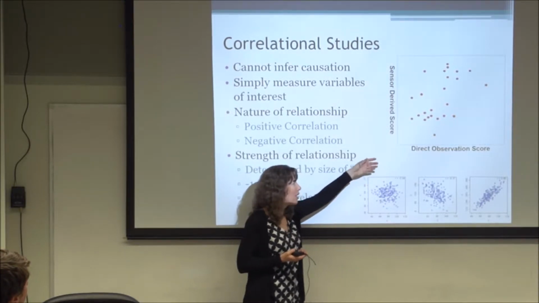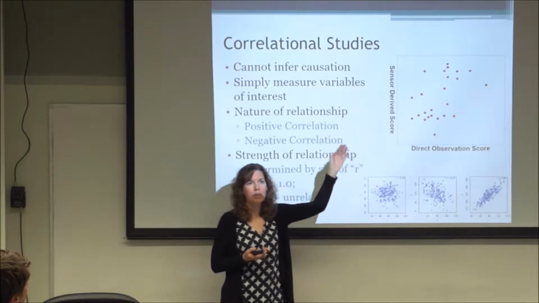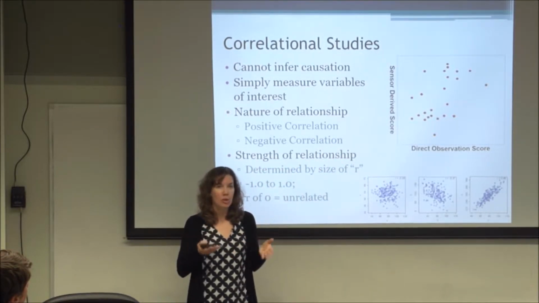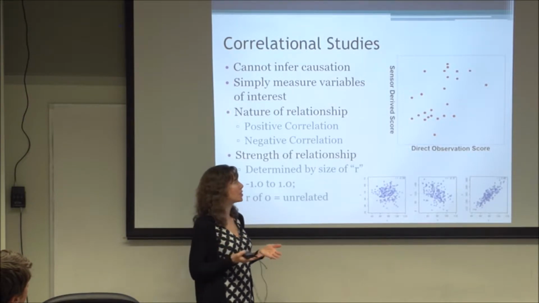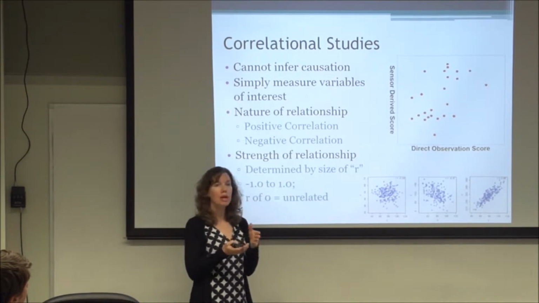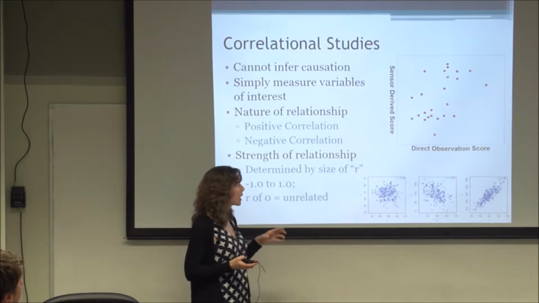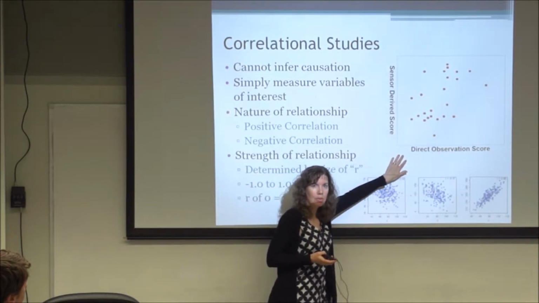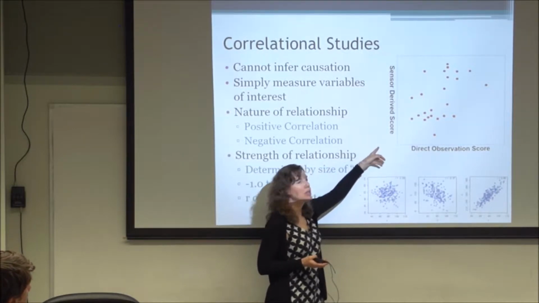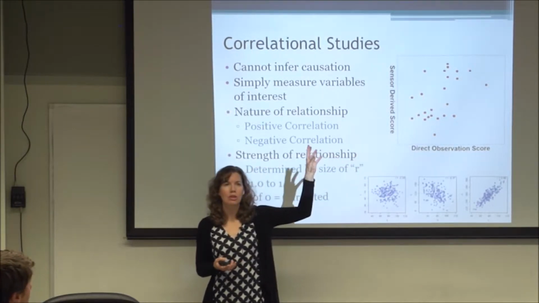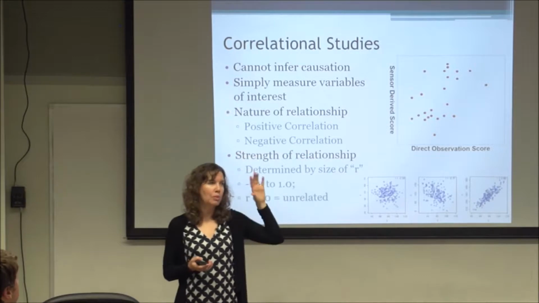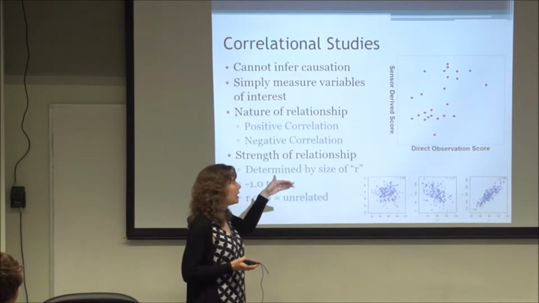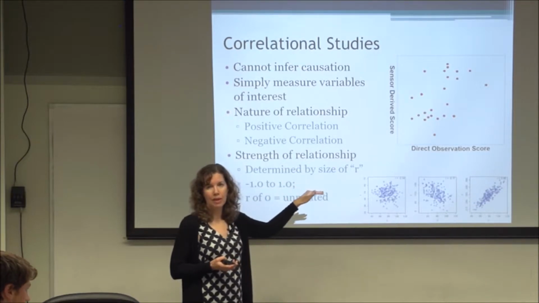And we had to show that our direct observation score was actually related to some other measures of everyday functioning so that it looked like it was a good, reliable measure, and that we had good reliability between different coders. And then we decided that that would be our measure of ground truth for how well people were doing. And we looked to see whether we could use the sensor data that we were getting as people were doing the activities to tell us about how well they were doing the activities.